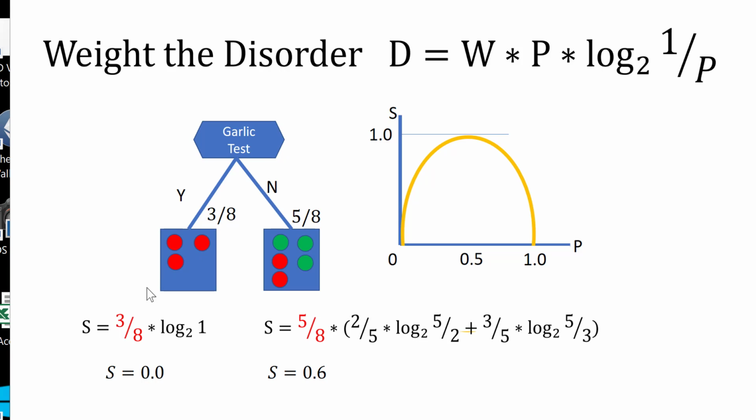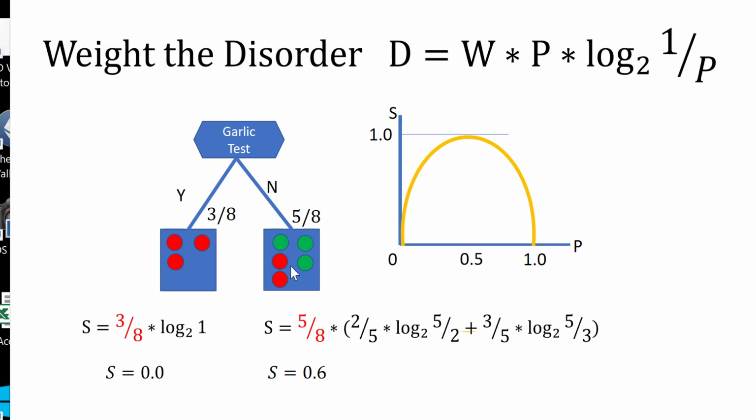So here we've got 3 out of 8. So the weight is, we've got 3 results out of 8 results. So that's the weighting. And now the probability is that there's no vampire. And the probability is 1. In this case, we've got log of 1, which is 0. So there's no disorder here, which is pretty obvious, actually, that we know exactly what's in this box.